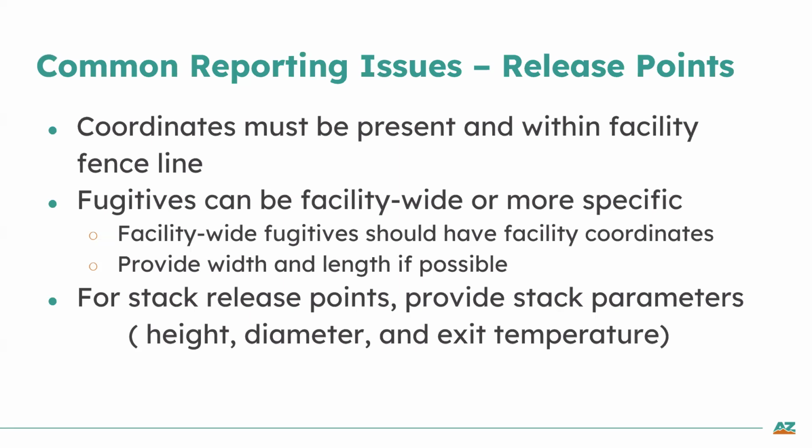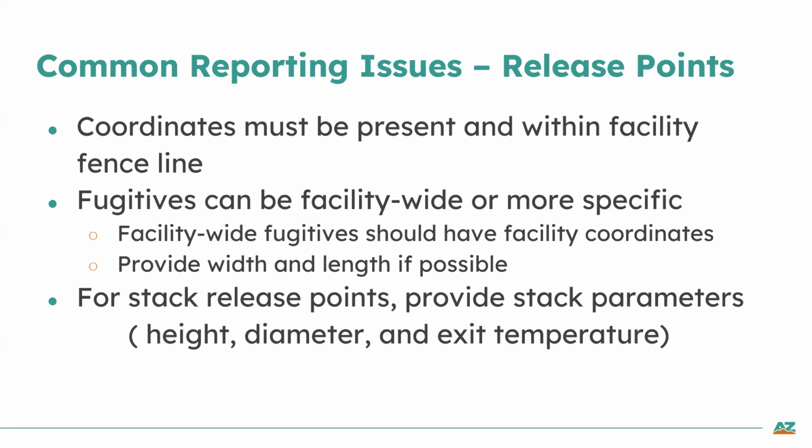In the past, for some facilities, we had to ask EPA to increase the coordinate tolerance because CAERS returns an error regarding the release points being outside of the facility fence line if the facility has a large land area.